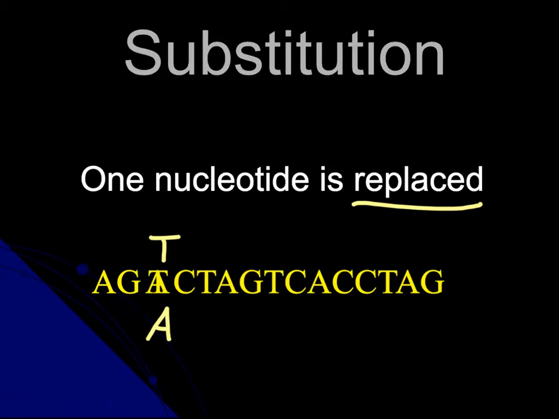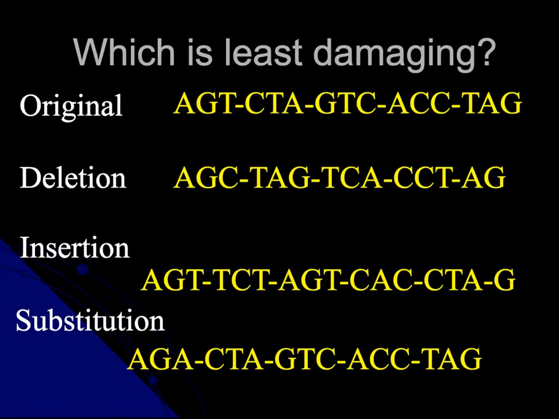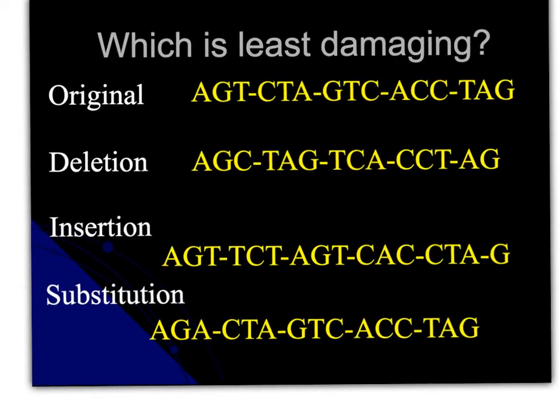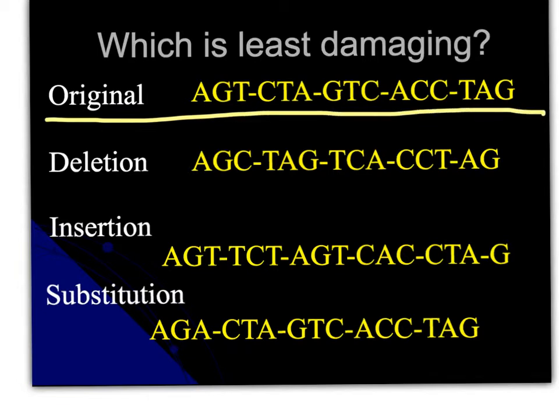So now let's look at these different kinds of mutations that can occur. So you have the original DNA, which is here. This is how it started, right? And then here you have deletion, here you have insertion, and here you have substitution.